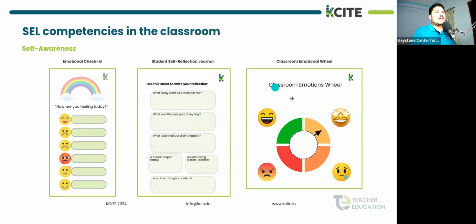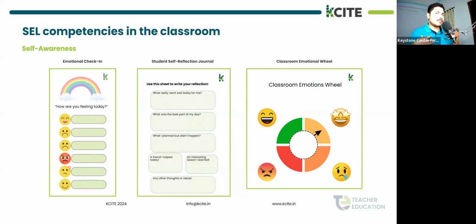Okay, something like this you can see on the screen, classroom emotions wheel. So you can have a particular emotion wheel also, where every day, like in the beginning of the session when I asked what are you feeling, many of you said you're happy, many of you said you're sad, I'm tired, excited, and all. So just like that, there can be different emojis, different colors to express that particular feeling, and you can have an average of the class.